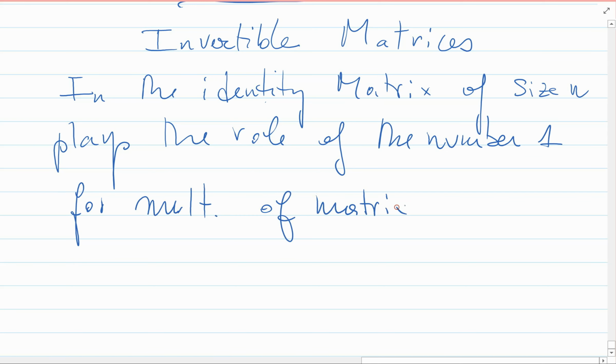Similar rule that one plays between multiplication of numbers, In plays it between the product or multiplication of matrices, okay?